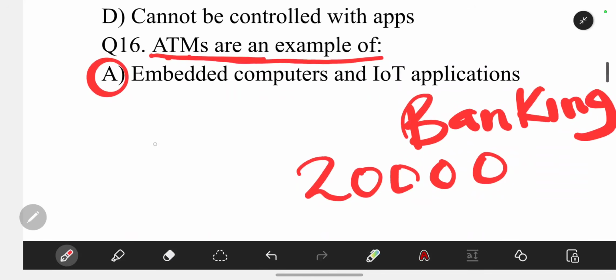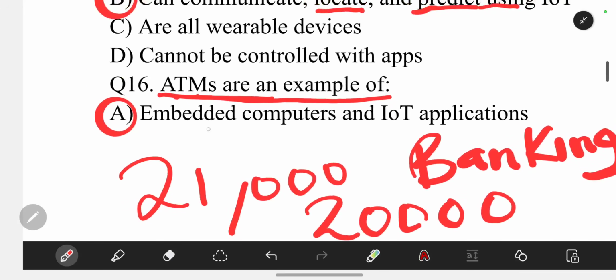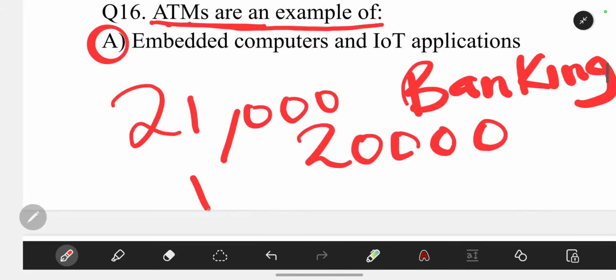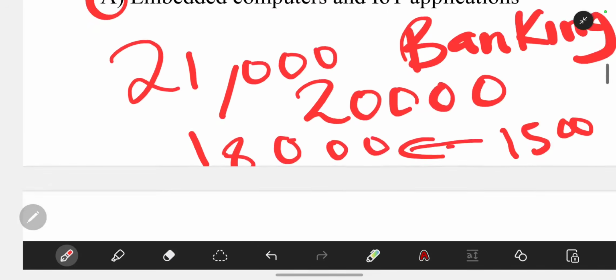If that person wants to withdraw, let's say, 21,000, it will refuse because it has communicated with the bank. So if someone withdraws 18,000, the remaining amount after the charge, let's say 1,500, it will be able to show or calculate because it is connected to your bank.